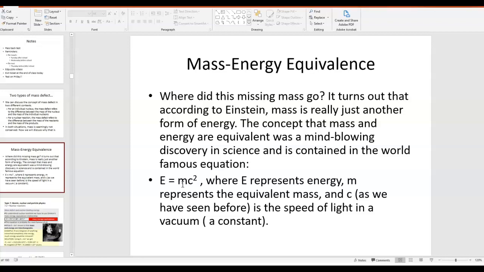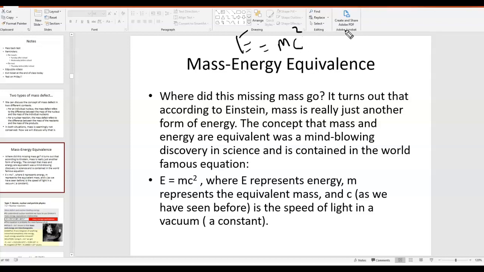We've talked about energy like kinetic energy, potential energy, chemical energy, all that stuff. It turns out that mass in itself is just another form of energy. And the way that you do calculations with mass energy equivalence uses probably one of the most famous equations in all of the history of physics. That is E equals mc squared.